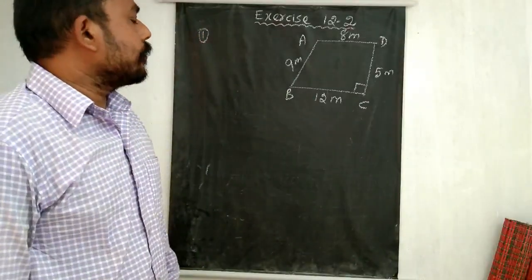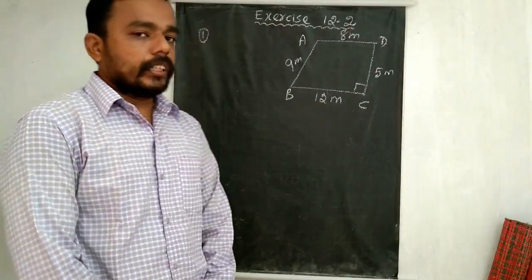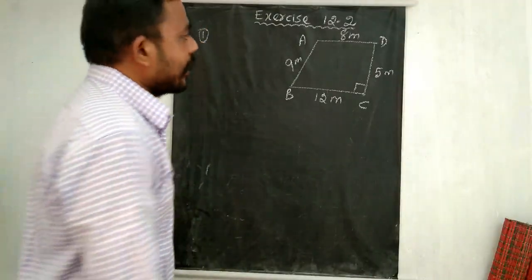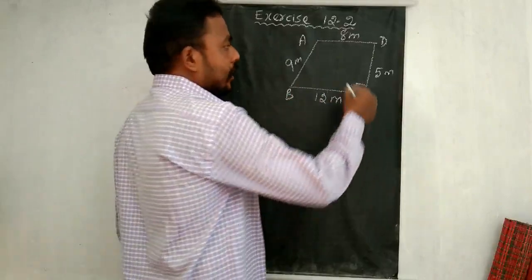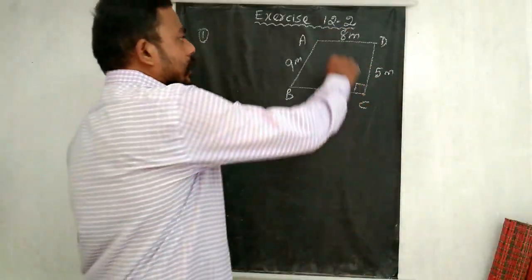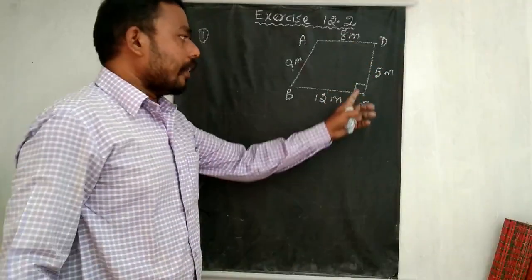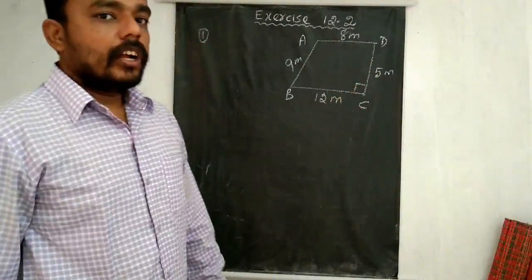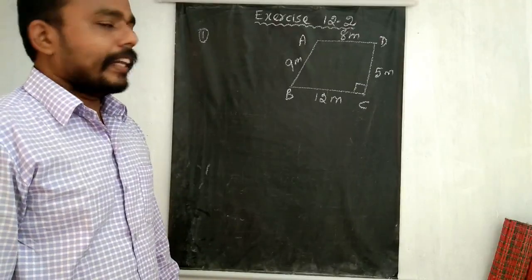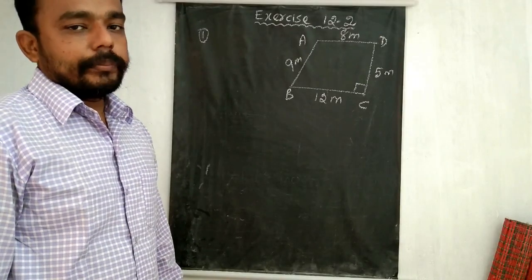Now we are going to discuss this by using Heron's formula. For that we need triangles. So divide this quadrilateral into two triangles by introducing one of the diagonals. Suppose I introduce AC, but you have a 90 degree angle at C, so I can use the area of a right triangle, half into base into height.